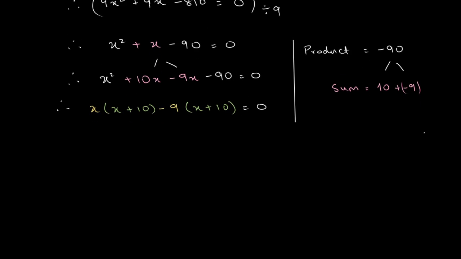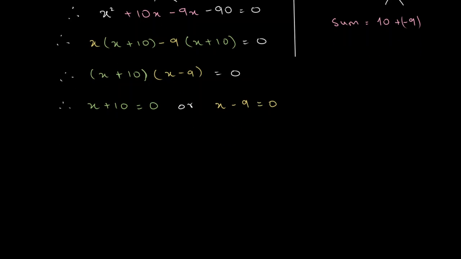Now we have x plus 10 common, so let's take that outside, and I will be left with x minus 9 in the bracket, and the product of these two terms is equal to 0. Next will be the zero product law. Since the two numbers multiplied equal 0, either x plus 10 is equal to 0, or x minus 9 is equal to 0.